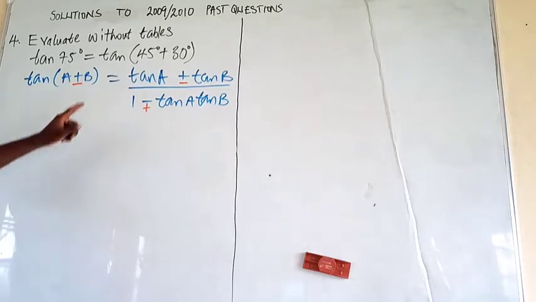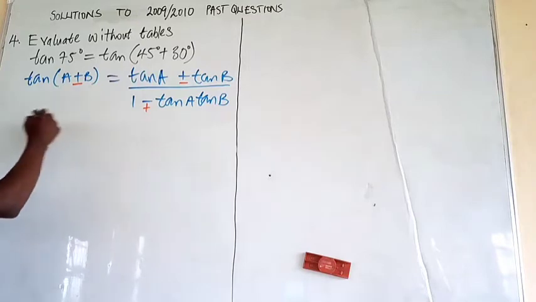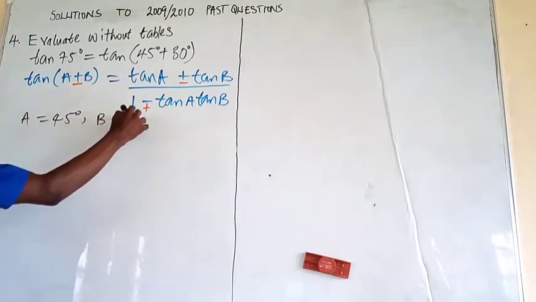Okay, so I'm going to apply this. This could be our A, and this could be our B. So let A be 45 degrees and B be 30 degrees.